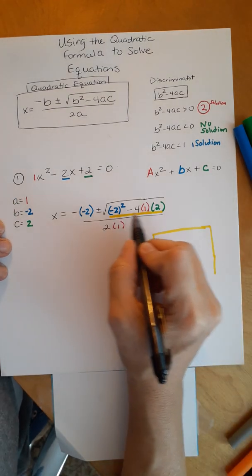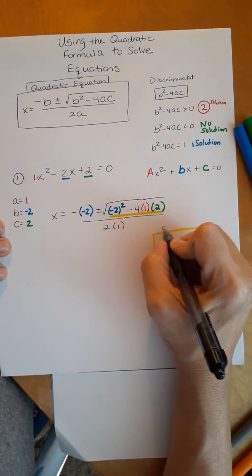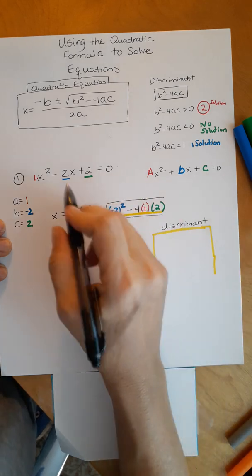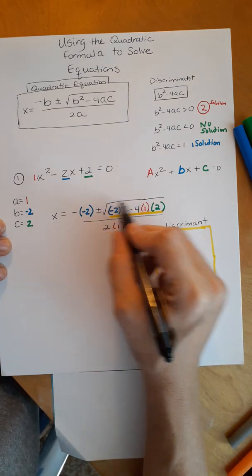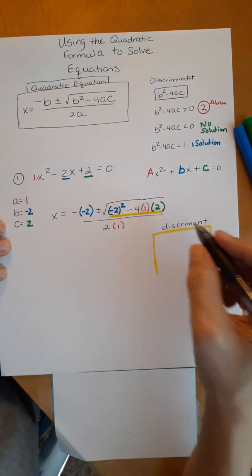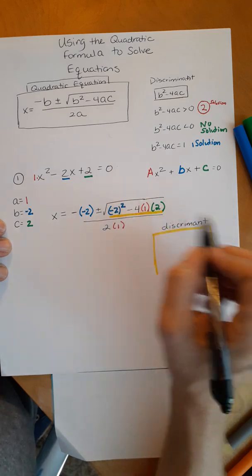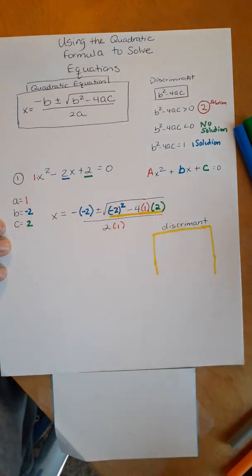This has a special name. This is called the discriminant. It's everything in the quadratic equation that's inside the square root. All right, so we're going to figure out the discriminant. We're not going to take the square root of it, just what is inside of here. And then from there, we'll keep going.